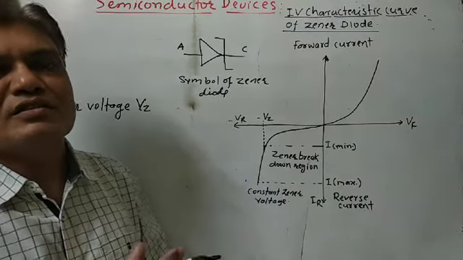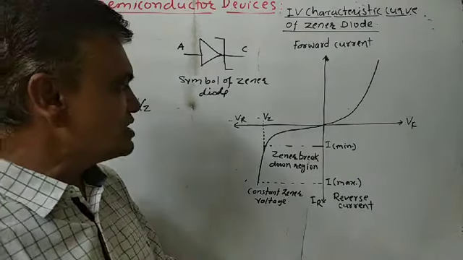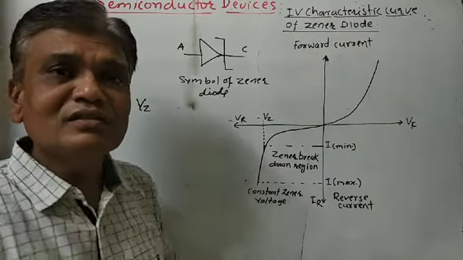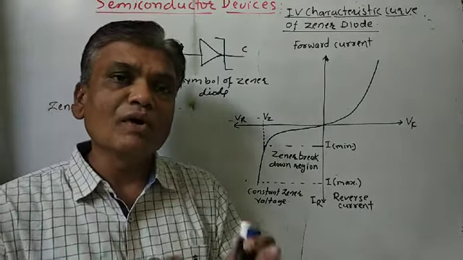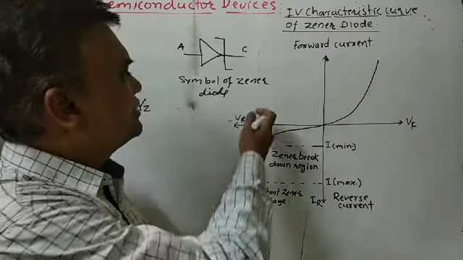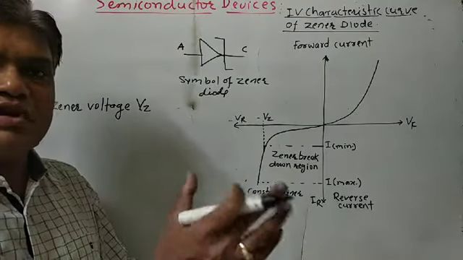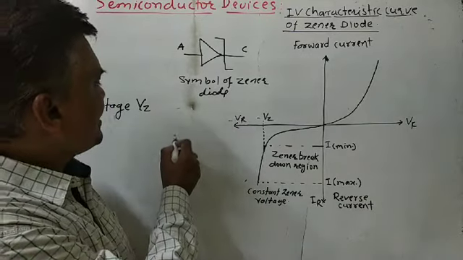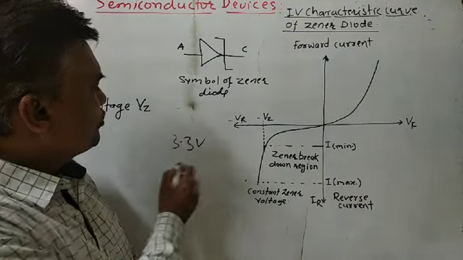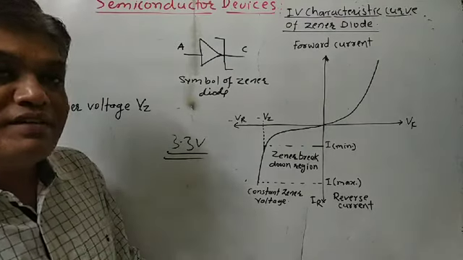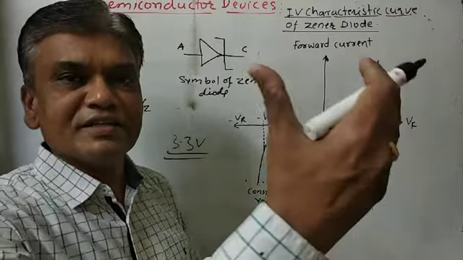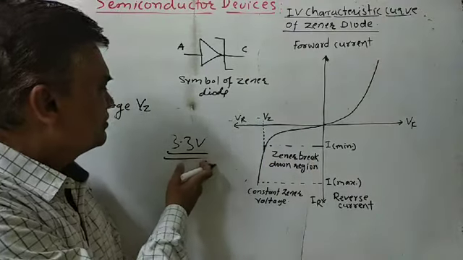Once Zener breakdown occurs, the voltage remains constant at Vz. Means Zener voltage is constant and does not change. Suppose it takes place at 3.3 volt. Suppose this is the Zener voltage. What is Zener voltage? The voltage at which current rapidly increases.